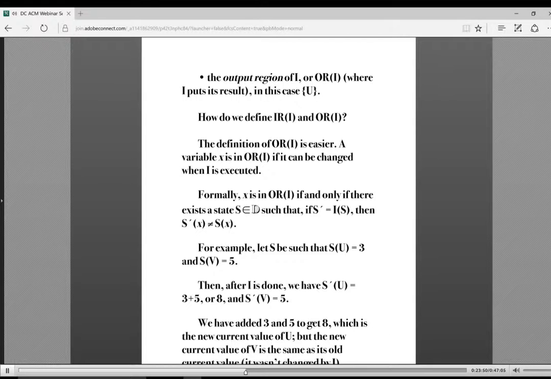For example, let S be such that S of U is 3 and S of V is 5. Then after I is done, we have S prime of U equals 3 plus 5, or 8, and S prime of V is still 5. We've added 3 and 5 to get 8, which is the new current value of U.